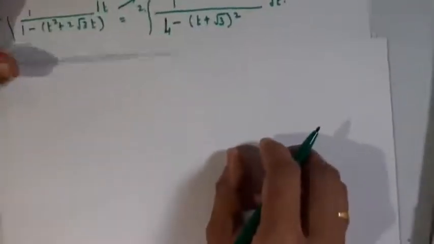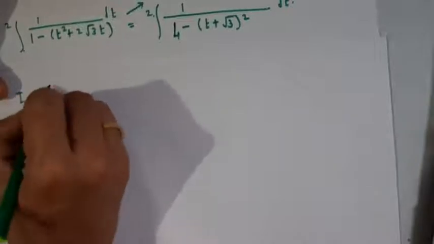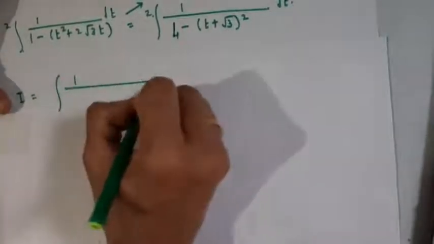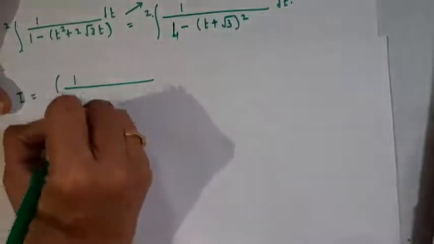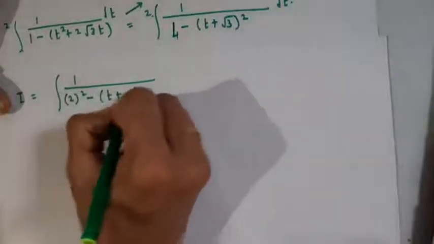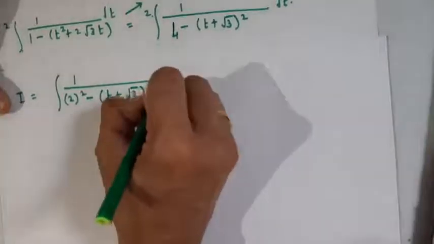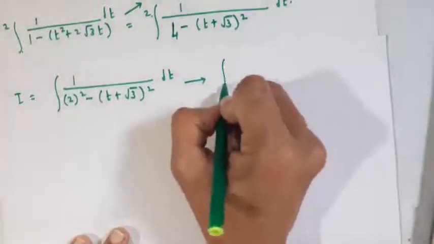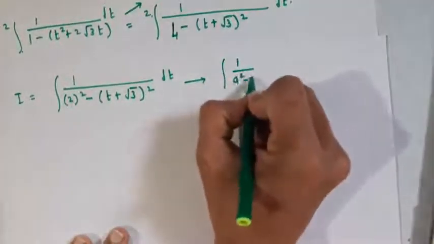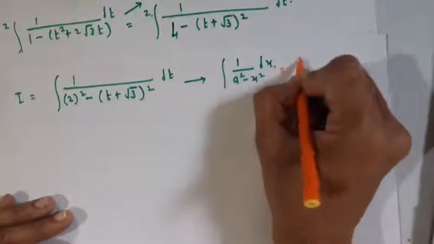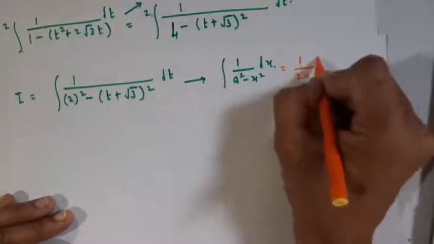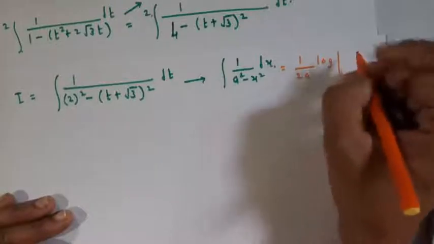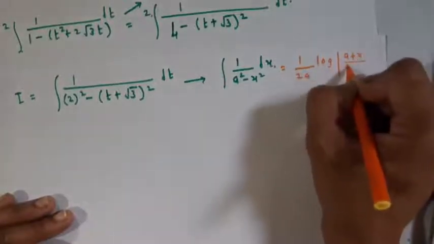Therefore this is the integration of 1 upon 4, which is 2 square, minus t plus root 3 whole square with respect to t, and this is of the form integration of 1 upon a square minus x square with respect to x, and its integration is 1 upon 2a log of a plus x upon a minus x.